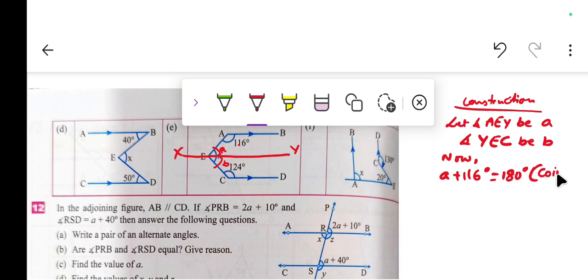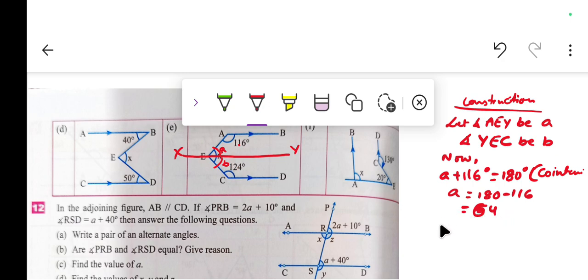The reason is co-interior, and A will be equal to 180 minus 116, that is equal to 64. 64 plus 6 is 70 and 10 is 80. It's correct. Now the value of A came 64.